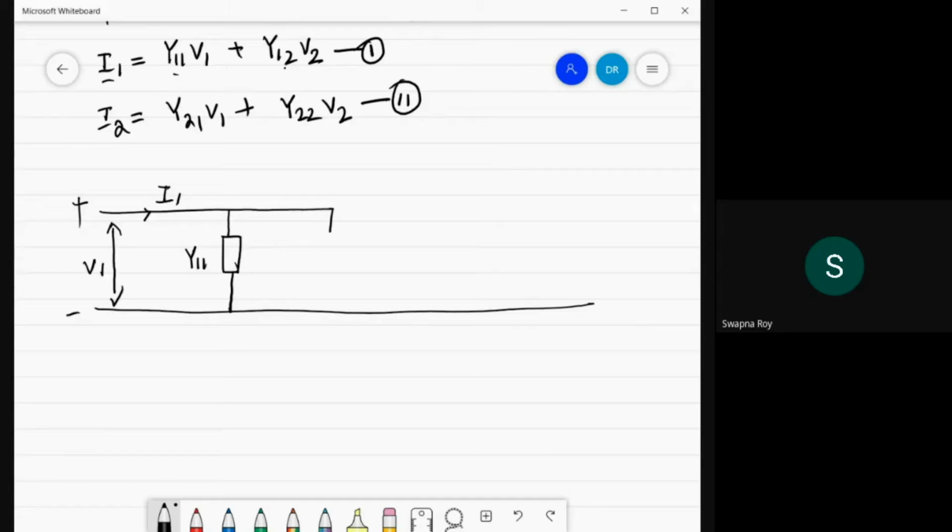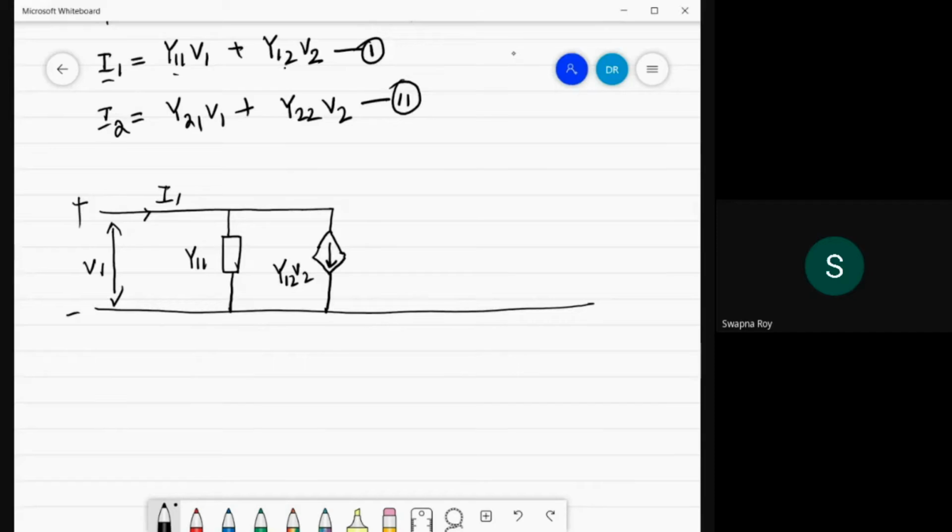And another current is the output of a voltage controlled current source, Y12 V2. That is, the output of this current source is dependent on the output port voltage.